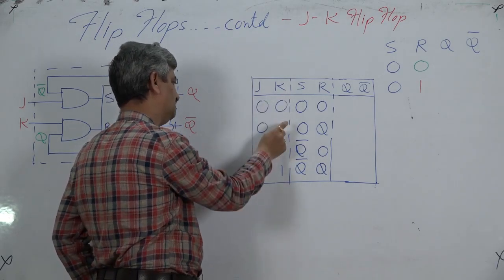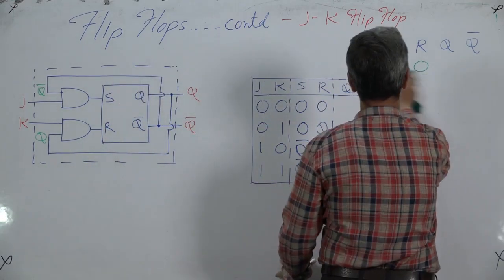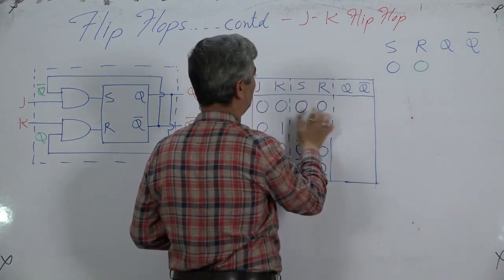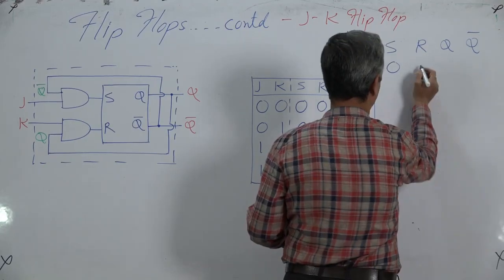Here 0 is there, 1 is there, 0 is there, 1 is there. So when this is only one common case, S equal to 0 and R equal to 0, no issue for the first case.